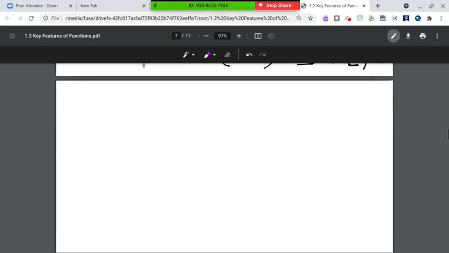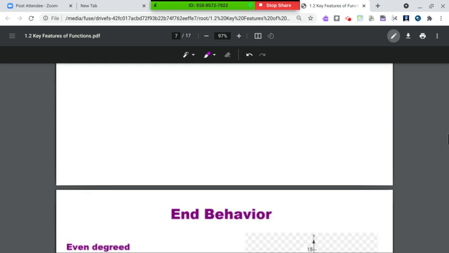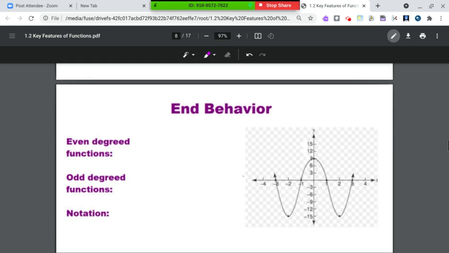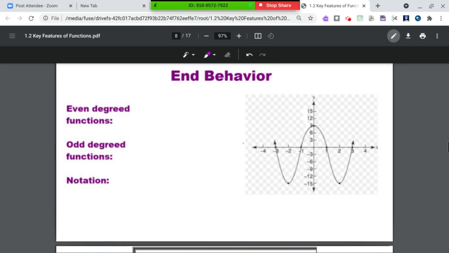All right. Let us keep going. I think we're on to the next key feature. Okay, next key feature is end behavior. So end behavior of a graph, basically, tells you what the ends of the graph are doing. You're going to fill out two different statements when you're reading end behavior. Now you can see it in different ways.